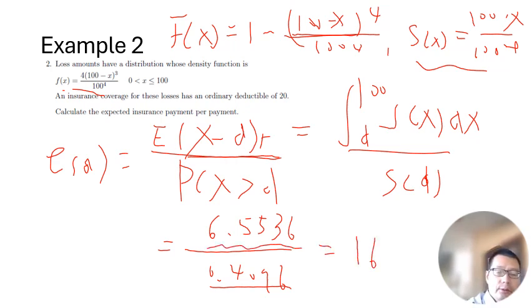Remember, this is what we got earlier for payment per loss. So basically, payment per payment is just payment per loss over S(D), which is the survival function at D, where D is the deductible.